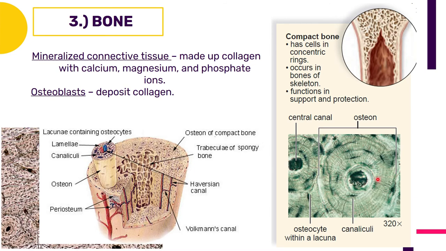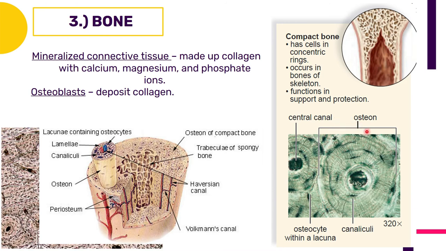Our bone functions in support and protection. Because the bone serves as support, for example, the muscles could attach to it, and also for protection because bone is hard. And this one circular unit, we call it the osteon.